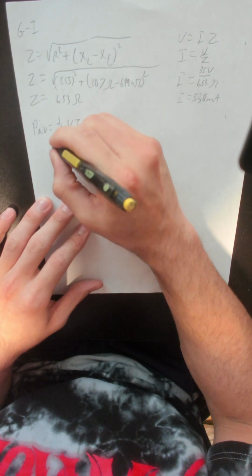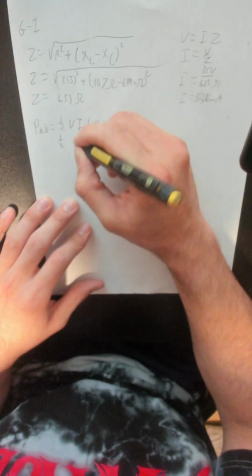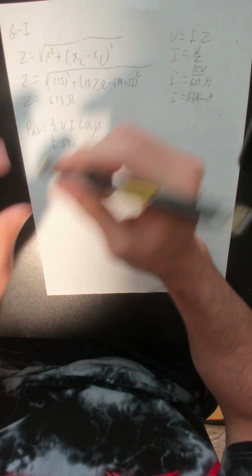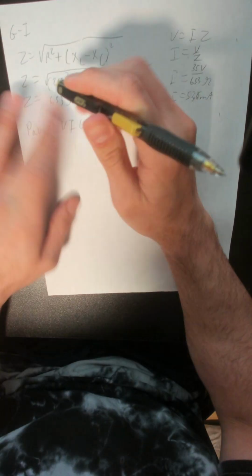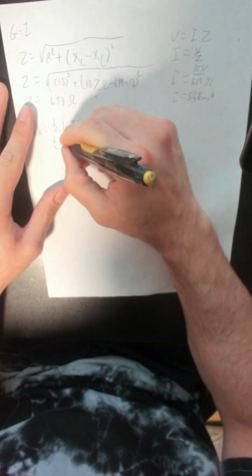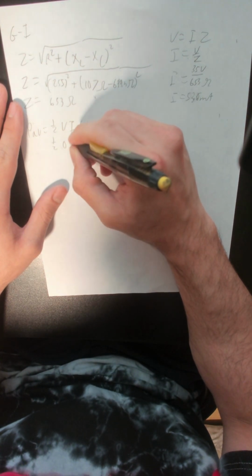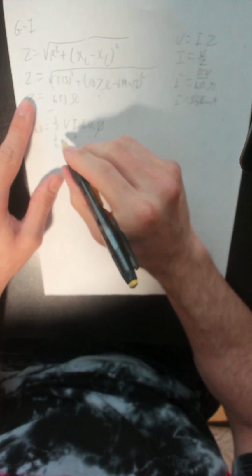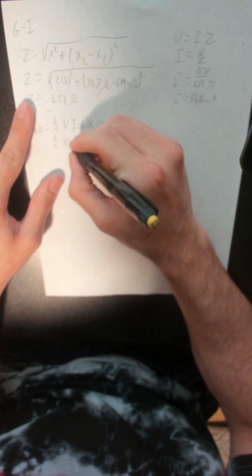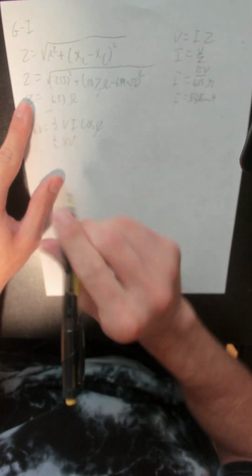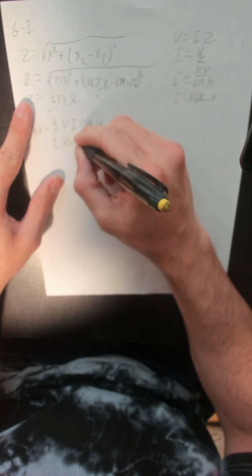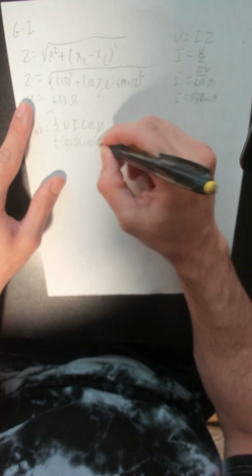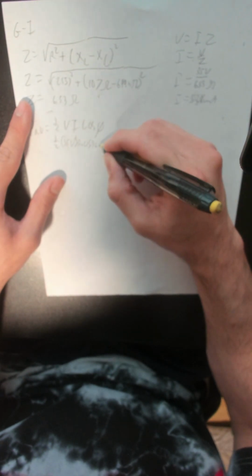That'll be 1/2 of, wait, actually, hold up. I messed it up. 35 volts first. 35 volts. And now we put the current, which is 0.0536 amps.